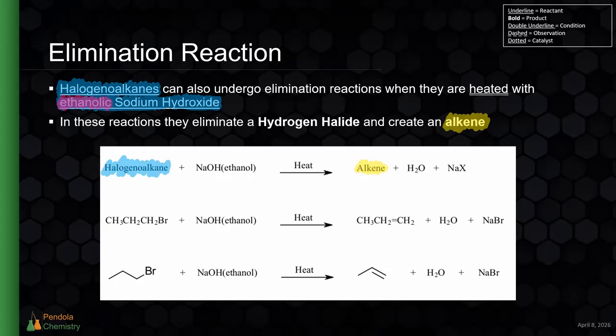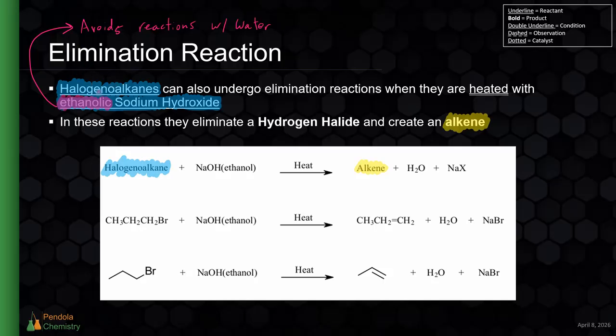We can't use aqueous solutions because water can react with halogenoalkanes, so it avoids reactions with water. So anytime we have something that's ethanolic instead of aqueous, it's usually for this reason, that the water is going to react with our organic compound.